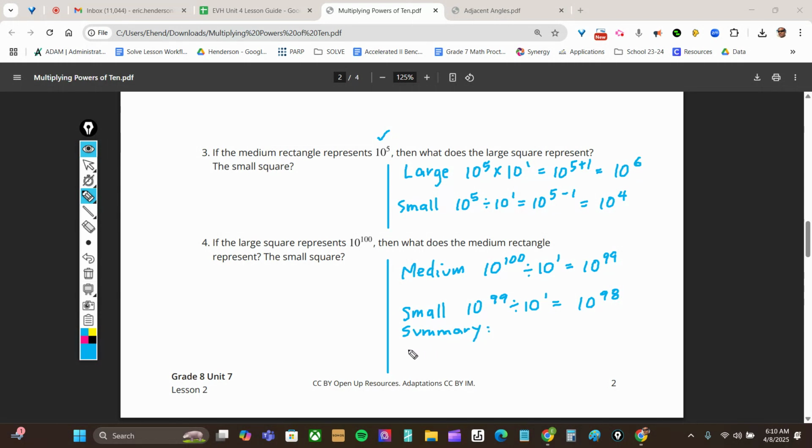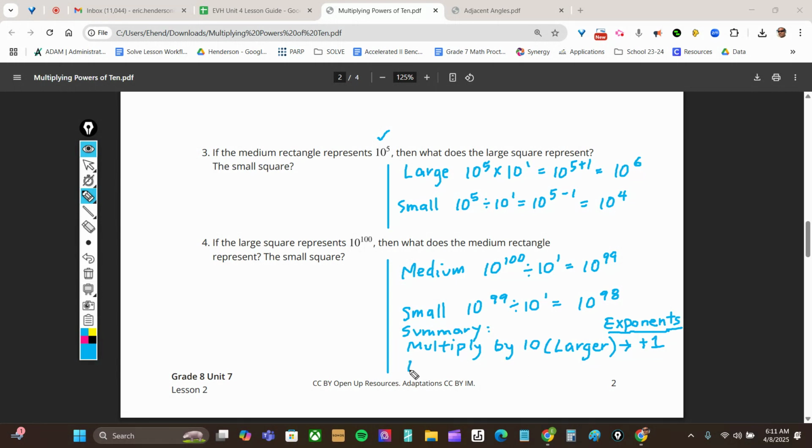When you multiply by 10, that's when you want to make it larger, you add 1 to the exponent.